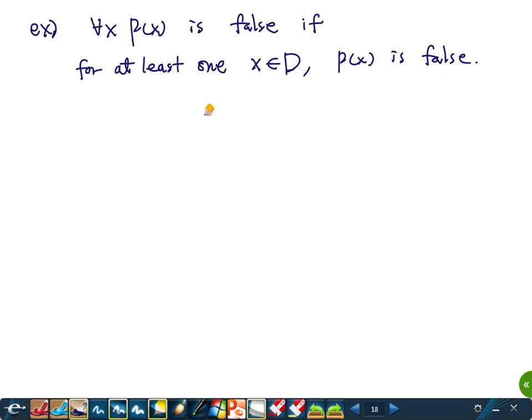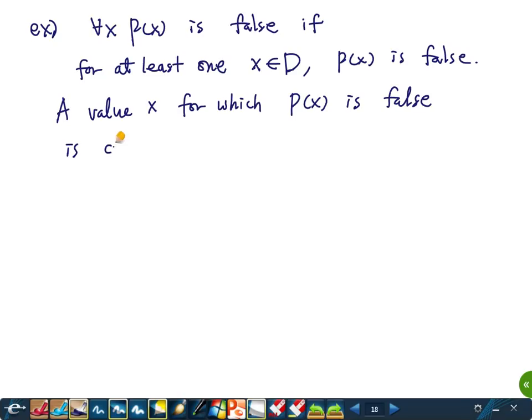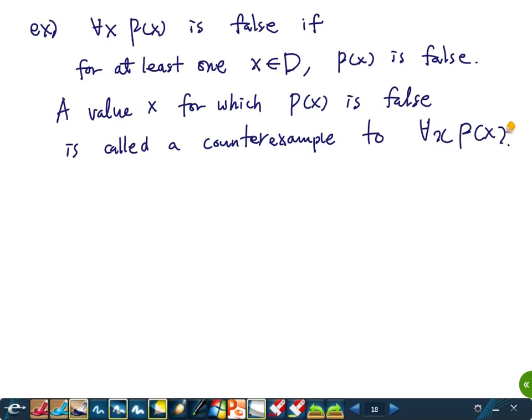Okay. Oh yeah, this is when I use this. A value x for which P of x is false is called a counterexample to this proposition, for all x, P of x.